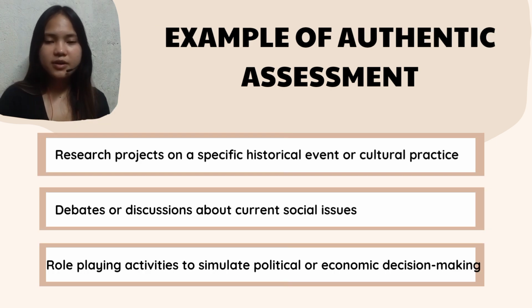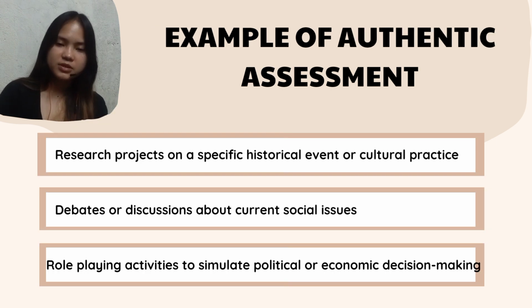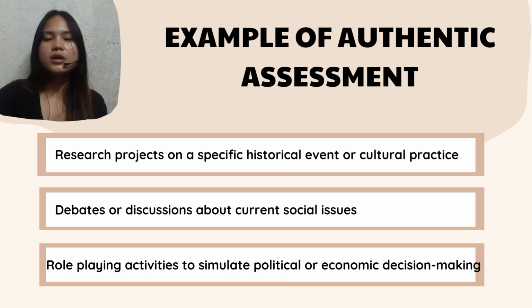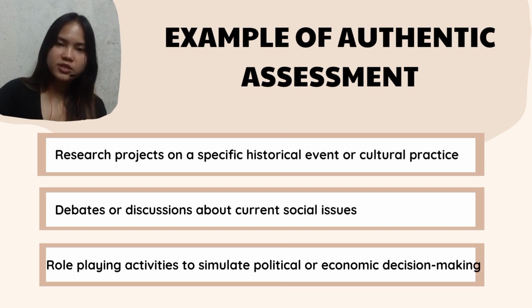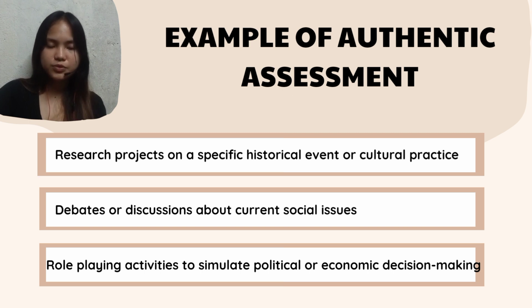Then examples of authentic assessment in social studies are asking the students to do a research project on a specific historical event or cultural practice, having debates or discussions about current social issues, and also role-playing activities to simulate political or economic decision making.